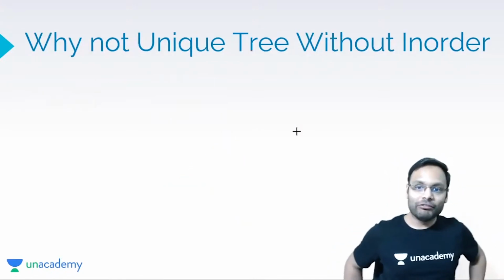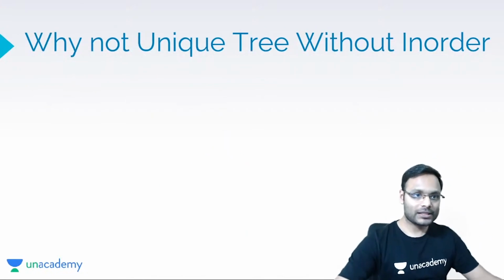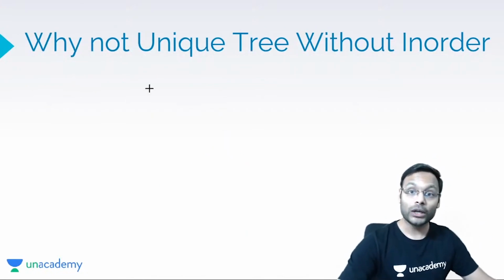Why not a unique tree without in-order? Sometimes we cannot have a unique tree without in-order. Why?